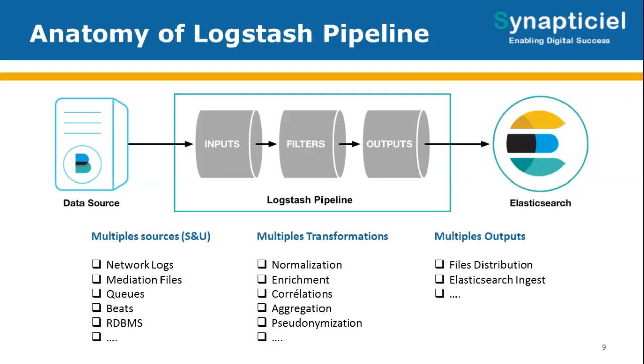We can also use many filters to do data anonymization, especially for sensitive fields. And then the data can be output mainly to an Elasticsearch cluster, or it can be distributed to other systems. So that's a high level of how a Logstash pipeline works.